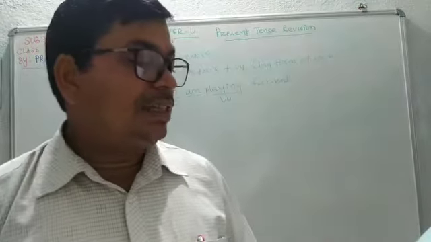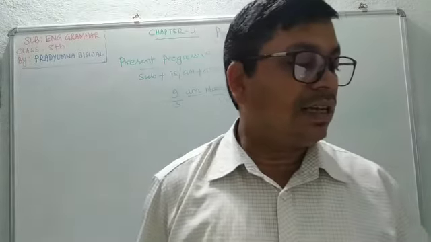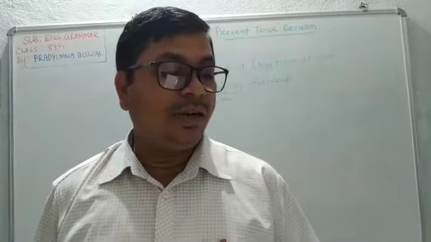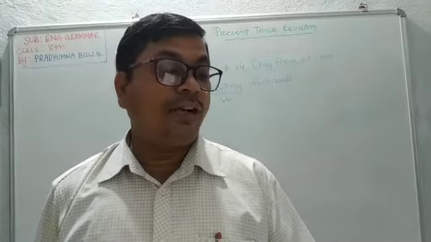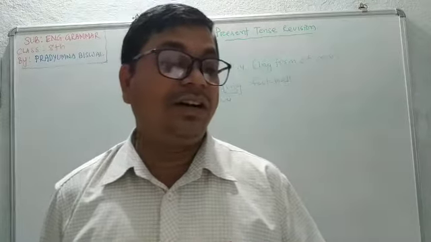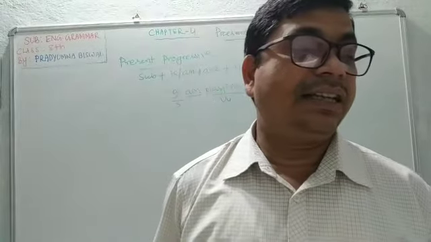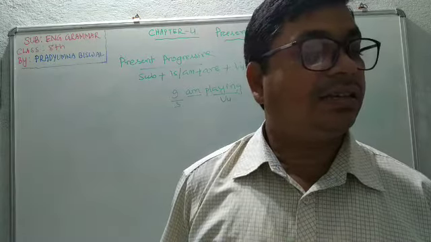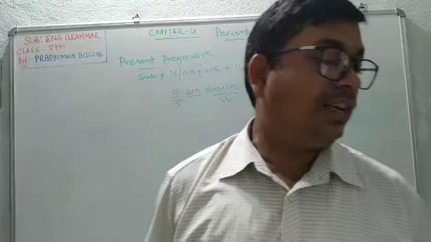The present continuous tense is also used when we want to talk about an action that is going on nowadays and not necessarily just now, not necessarily at the present moment.